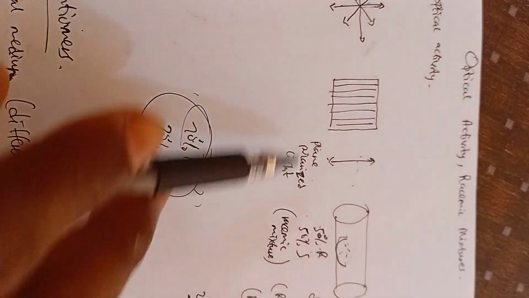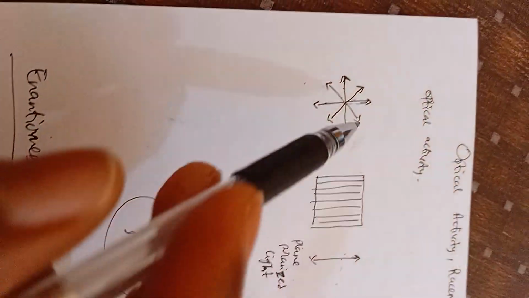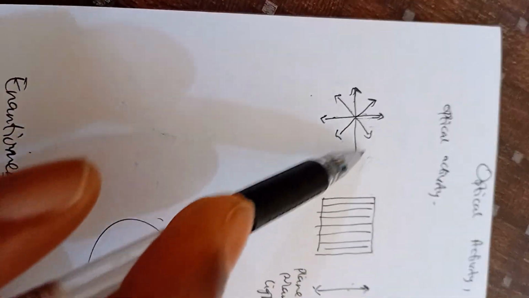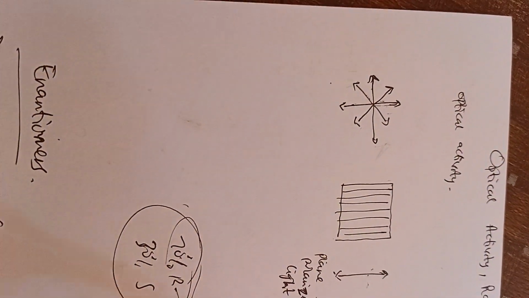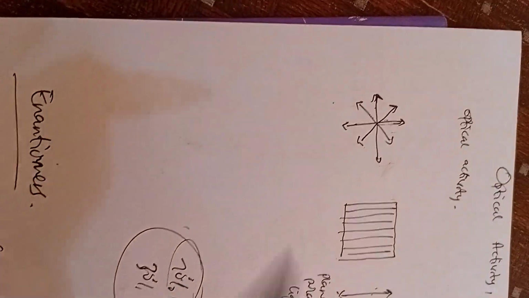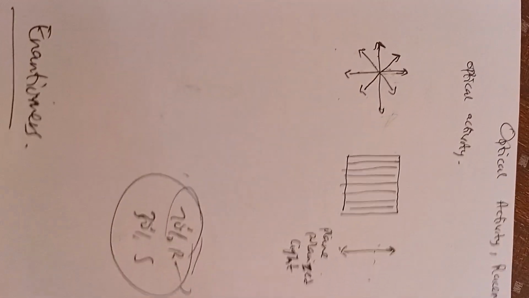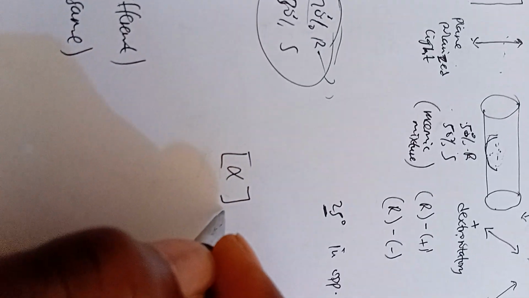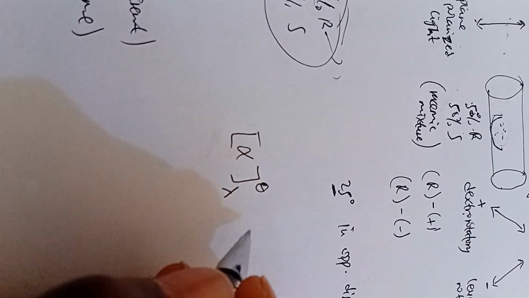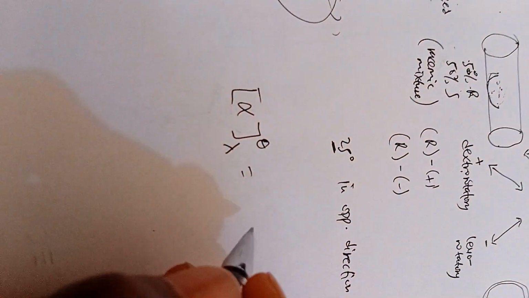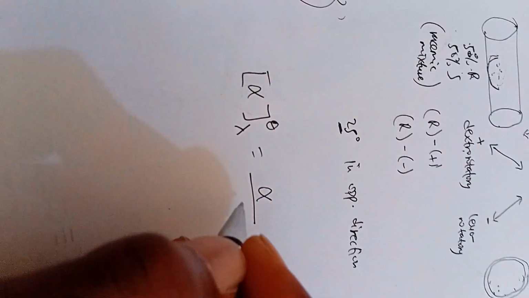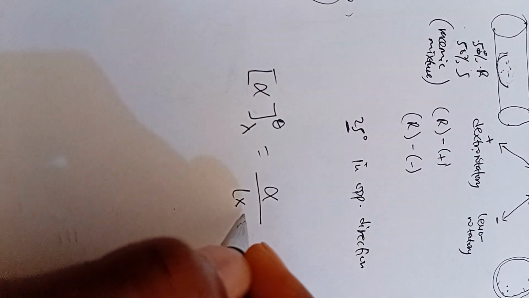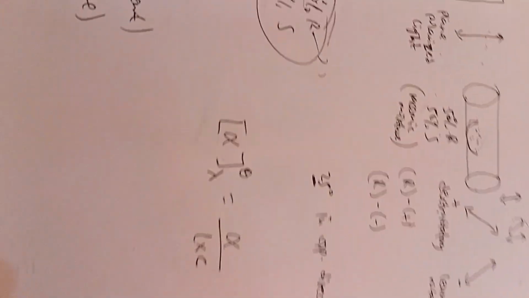Now, we want to make this condition standard. So for the wavelength of the light we are using, we want the wavelength of sodium. So we use a sodium lamp, which means we call something specific rotation. Wavelength is here, temperature is here, and it is equal to observed rotation all over what? Length times what? Concentration. Good.